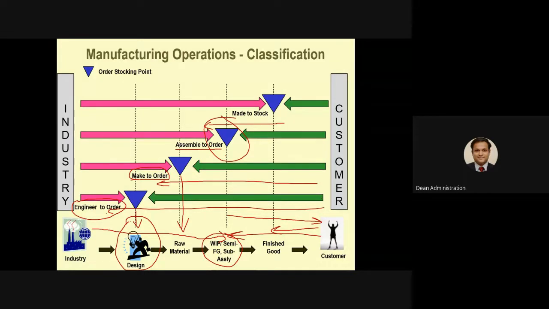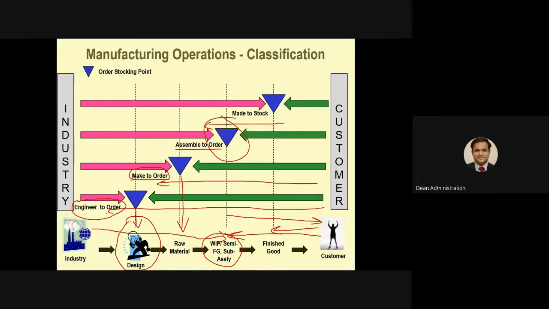For example, you have to make a new hydroelectric power project. Okay? So do you think every hydroelectric project is designed? No, you can't design it, because every location is different. The geology of that area is different. The research for that type of area is going to be different. You're going to have different rock samples, you're going to have different terrain, and based on all of that, you're going to have to do a lot of engineering work, a lot of design work, and then and only then you can actually begin this project.